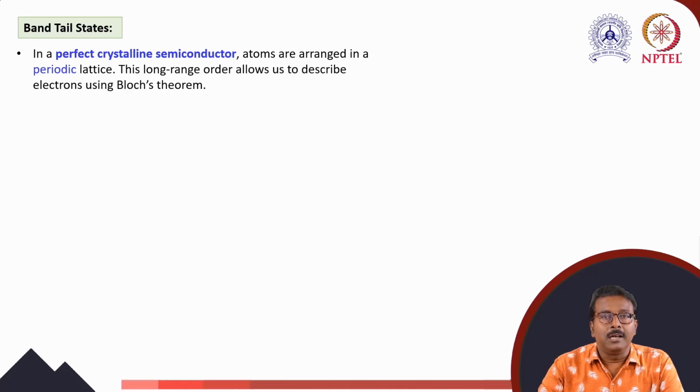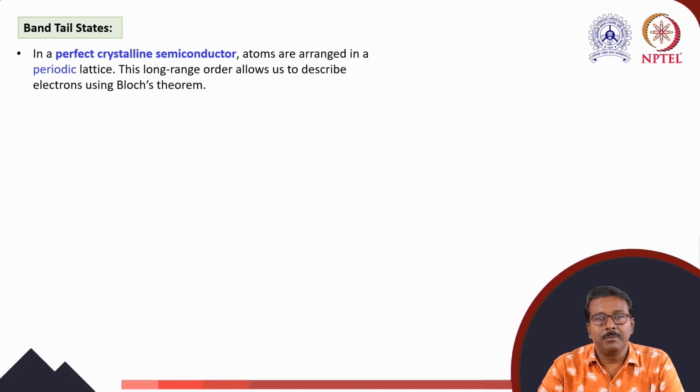And there, instead of the actual potential profile, we considered a square shape potential due to atoms. And we obtained the density of states for the semiconductor material, and here we have seen that there are two band edges.